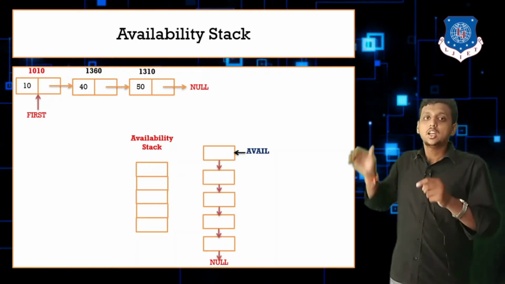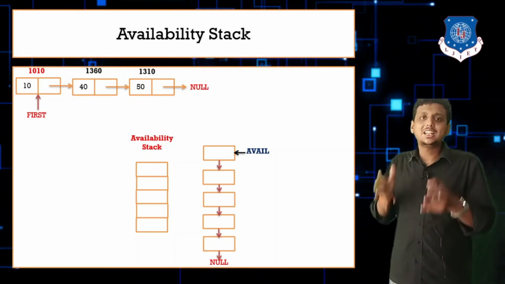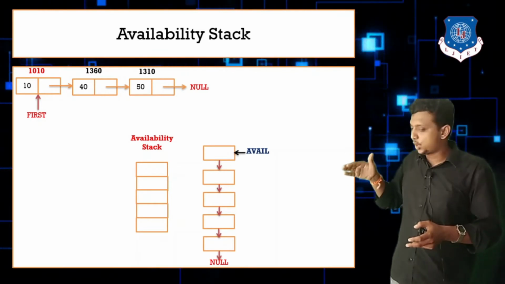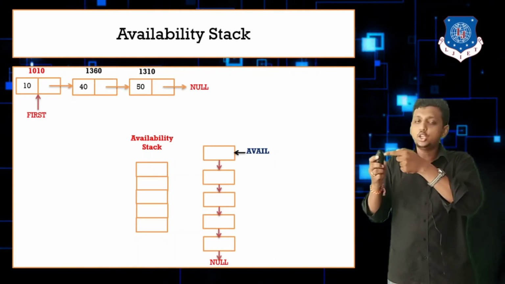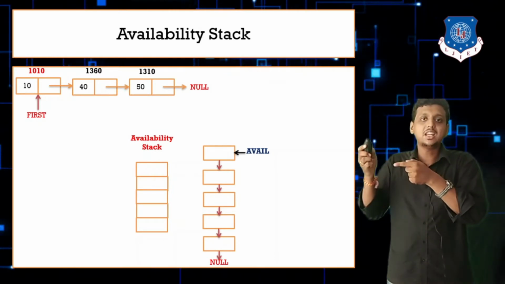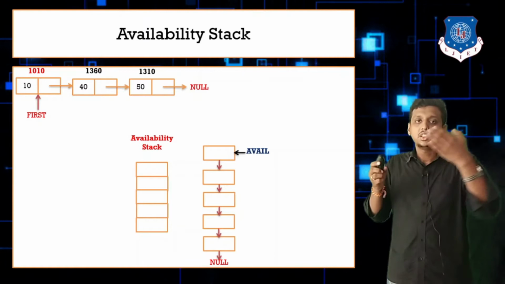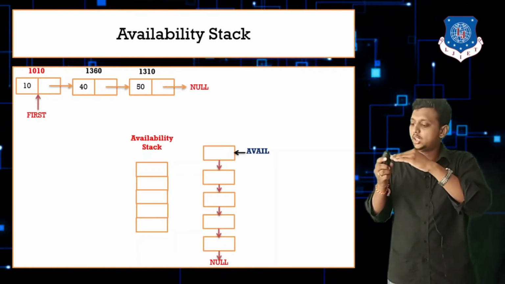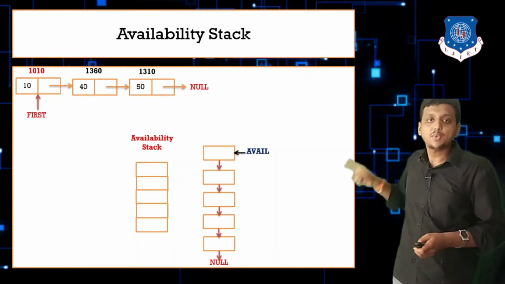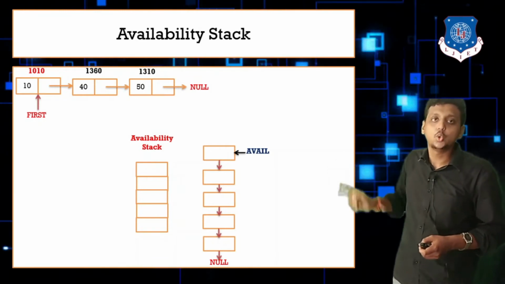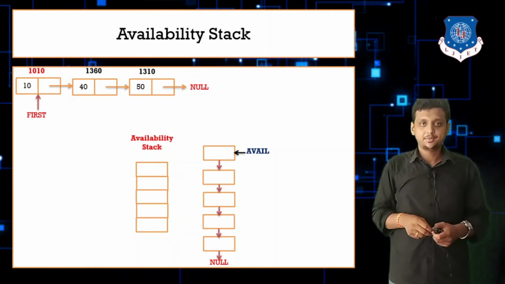If this is my temp and temp is pointing to this particular node, then the node name is temp. If this is new, and new is pointing to this particular node, then this node name is new. Same like that, if my avail pointer is pointing to the particular node, then the node name is avail.